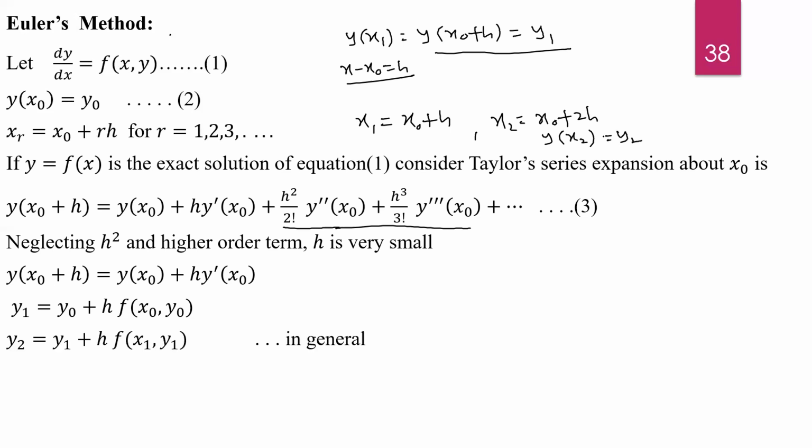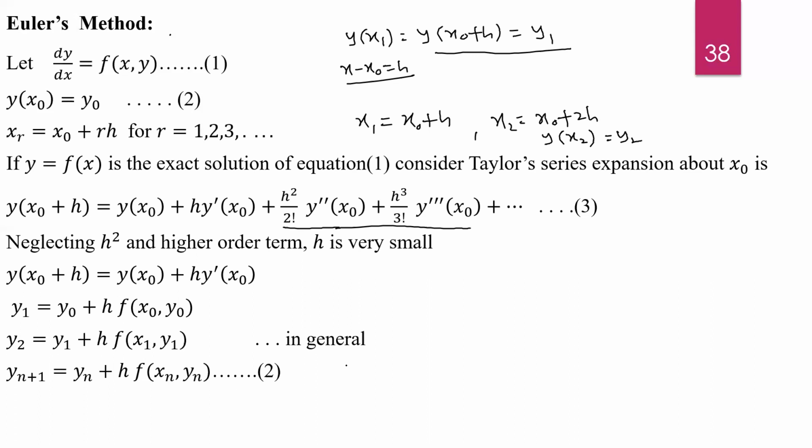So y2 is equal to y1 plus h times f of x1 comma y1. Now similarly, in general, we can write the value y at n plus 1 is equal to y suffix n plus h times f of xn comma yn.